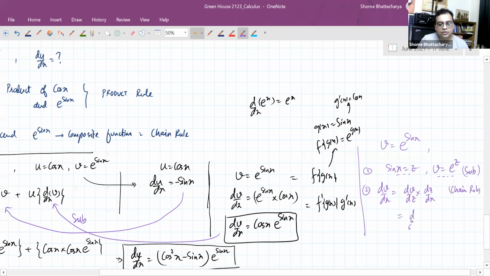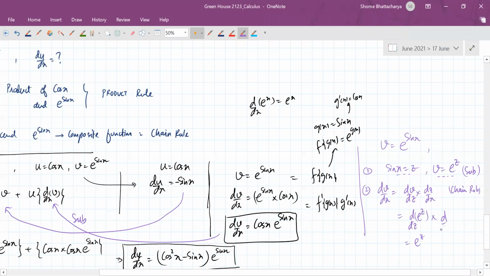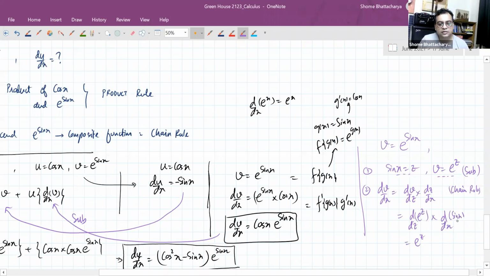It is the differentiation of e raised power z, which by formula is e raised power z only. And dz by dx is the differentiation of sin x, which again by formula is cos x. So the second step is done. Now the third step, resubstitution: z has to be substituted as sin x. So dv by dx becomes cos x into e raised power sin x, because we have resubstituted.